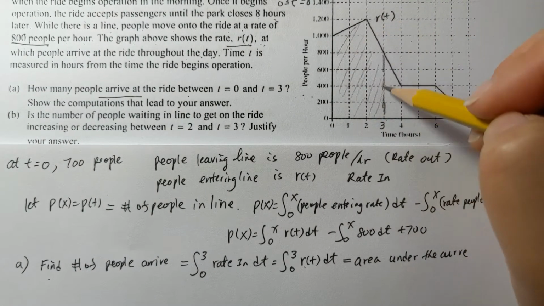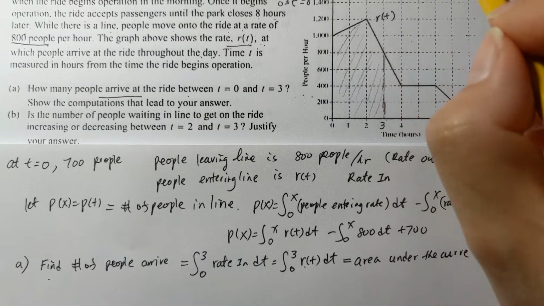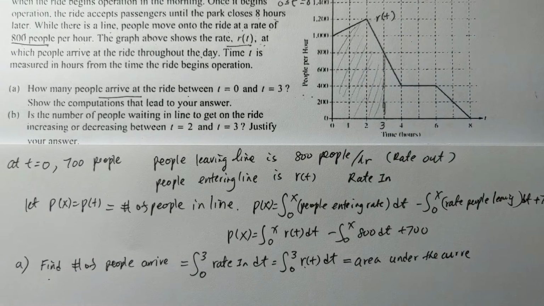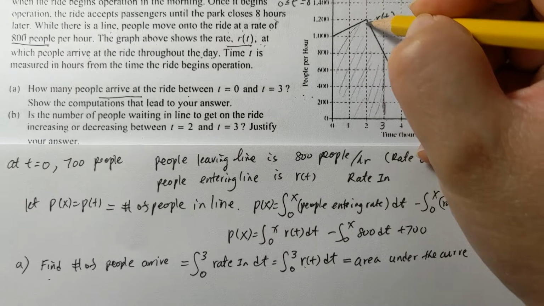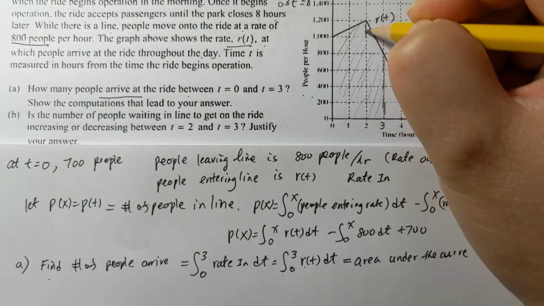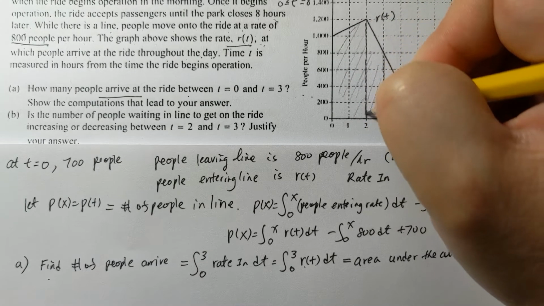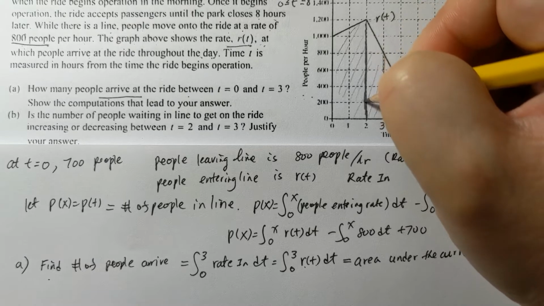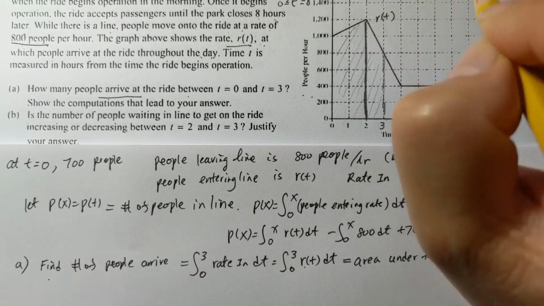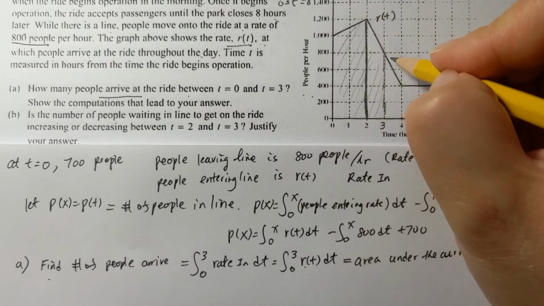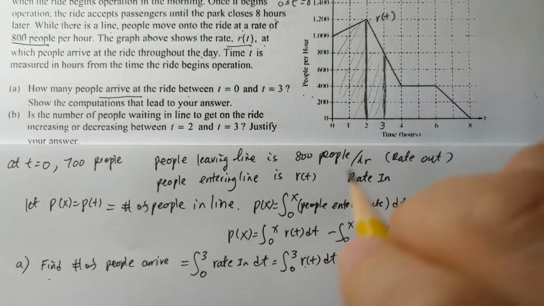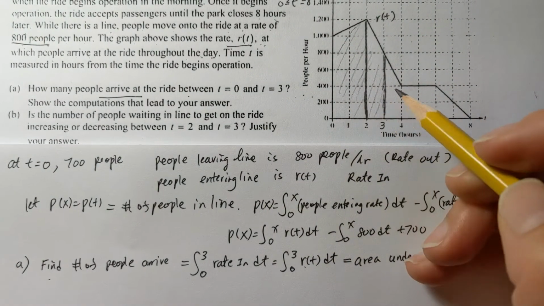If you look at this shape, it's irregular, so we have to cut it into shapes that we know, shapes that we are familiar with. So I'm going to cut it into two trapezoids. You have a big one and a small one.